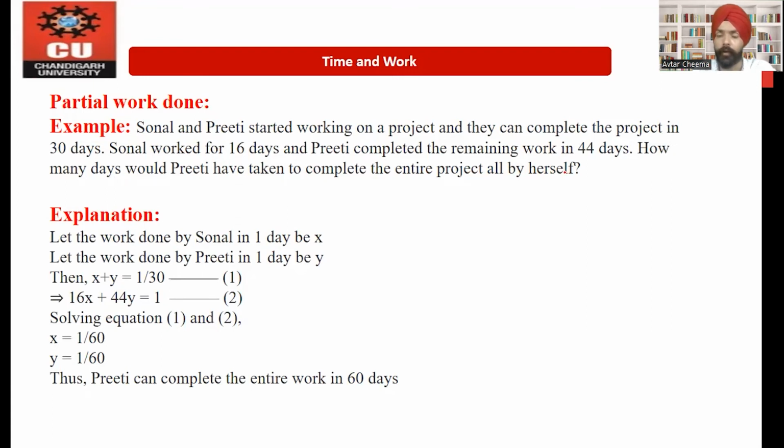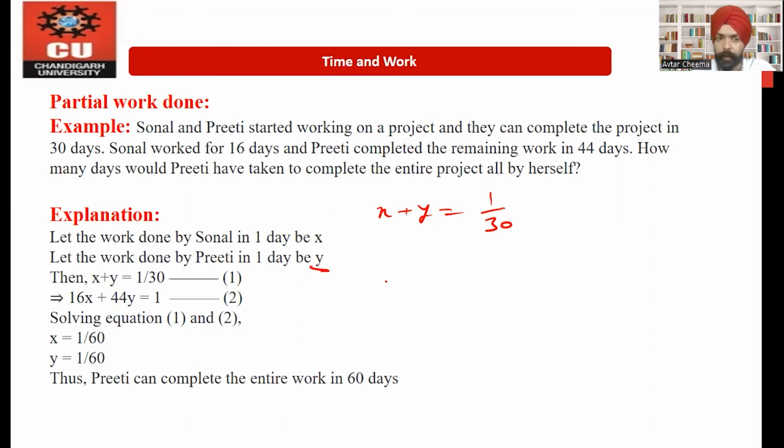Let's take that in 1 day Sonal can complete X unit, Preeti can complete Y unit, right? So X plus Y is equal to 1/30, because daily they are doing 1/30 of the total work, since they are taking 30 days.